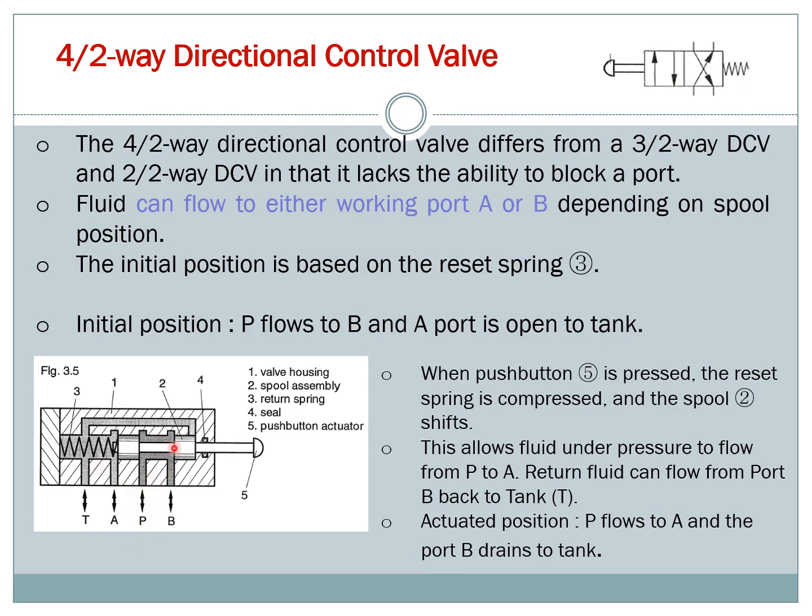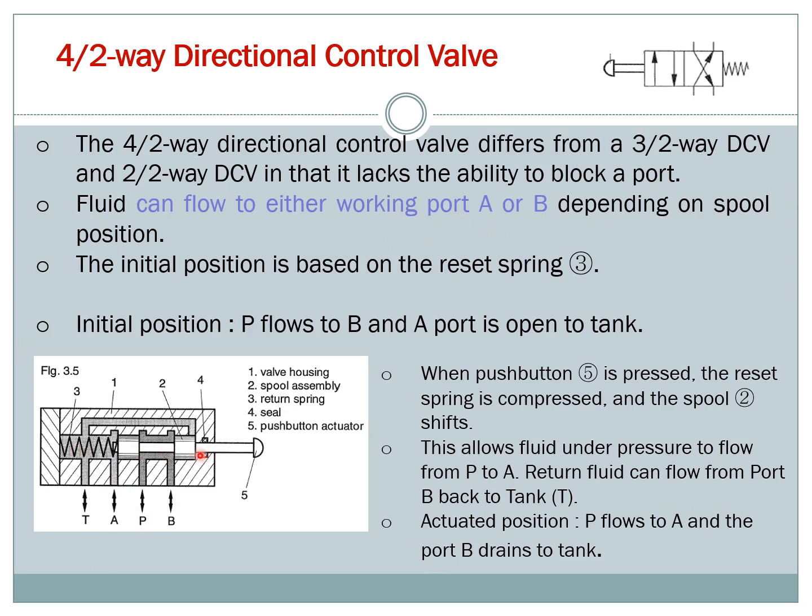You can only shift to the various ports, port B or port A. So that's the only difference in the 4/2 way valve. So you can see the second point, fluid can flow to either working port A or B. So you can choose whether the pressure will go to port B or port A, depending on the spool position.